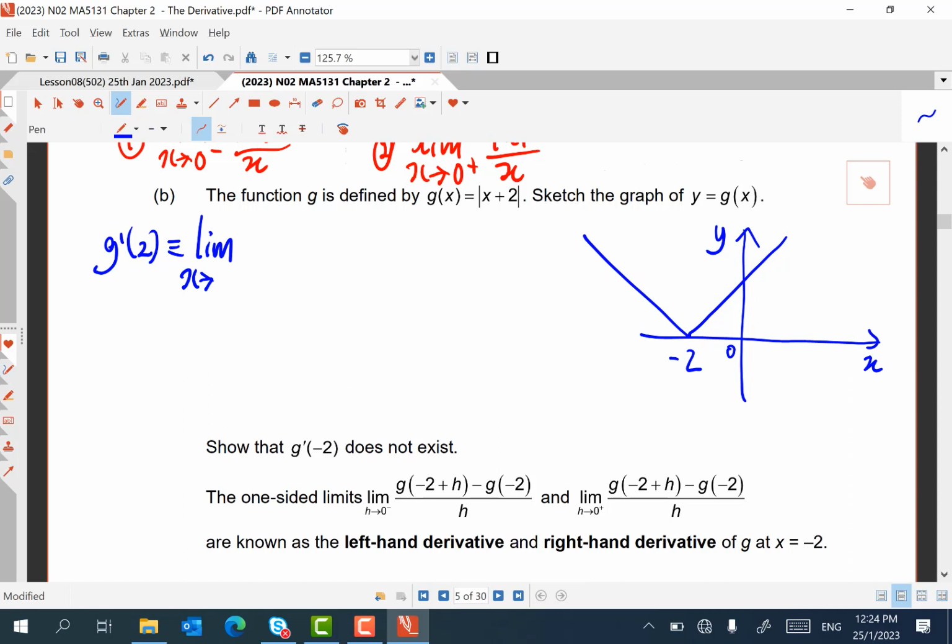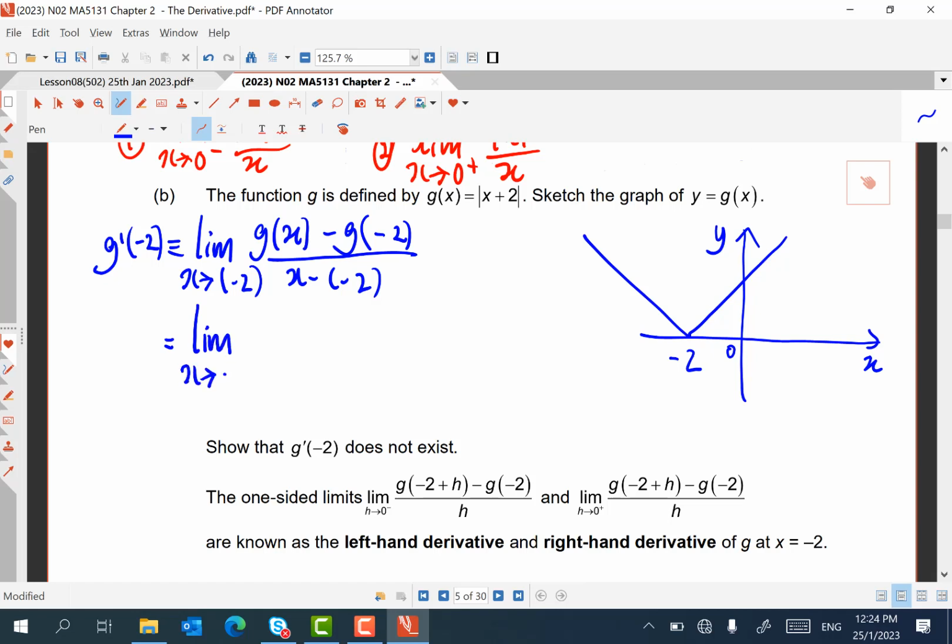is... -2, not 2, -2. So this gives you the limit as x goes towards -2 of modulus of x plus 2 over x plus 2.